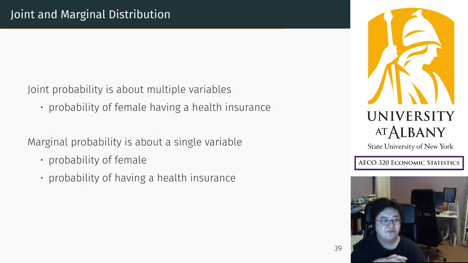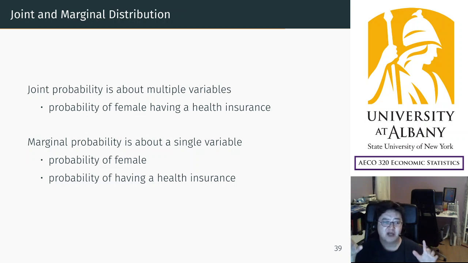To define them, the joint probability is the probability distribution about multiple variables. Like in our example, we consider two variables, gender and health insurance coverage. So if you make a 2x2 table, then you are showing the probability of these two variables at the same time. Thus, it is a joint probability distribution table.